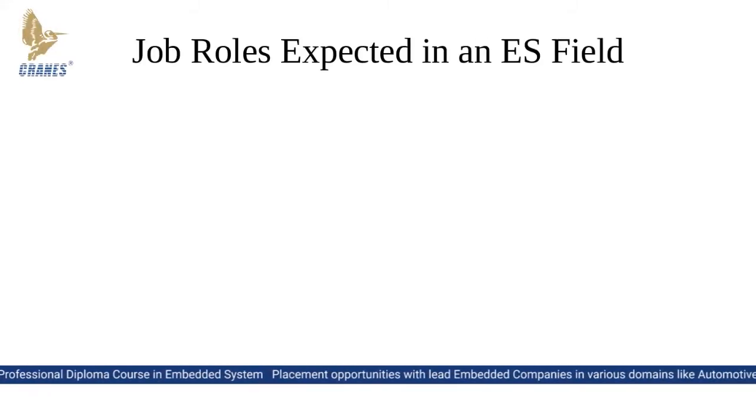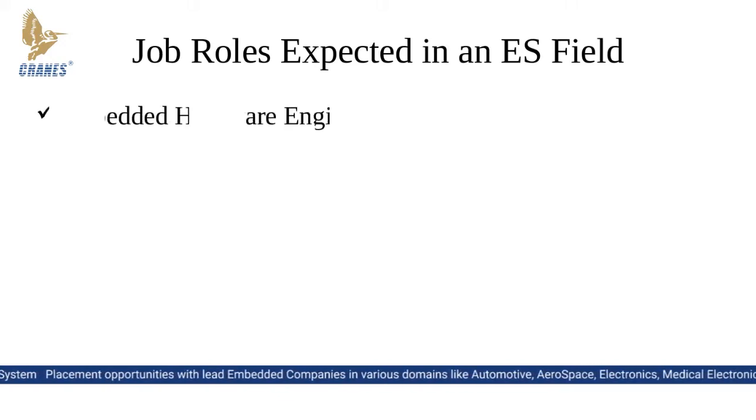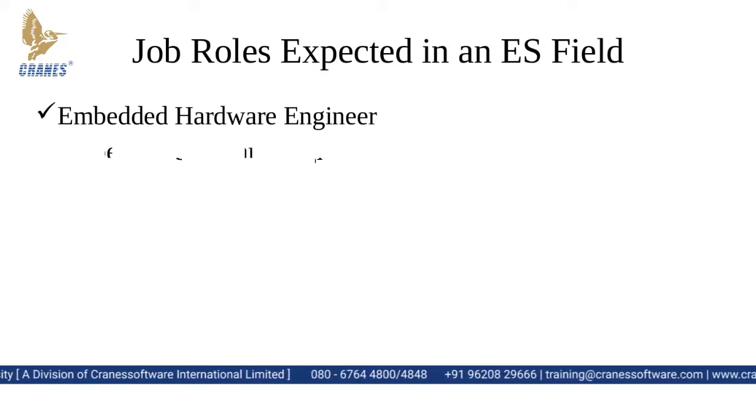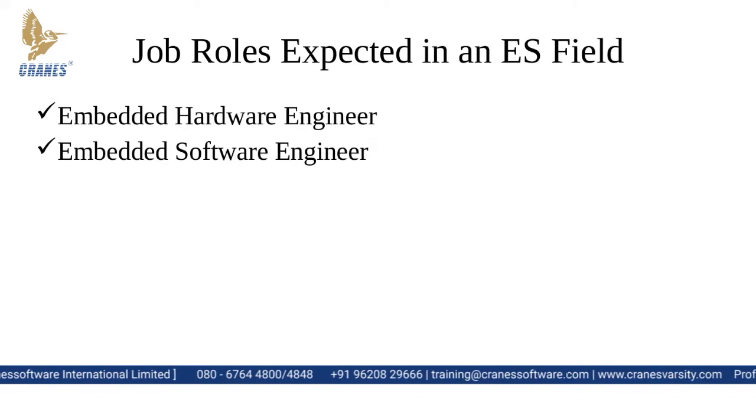What are the job roles expected in the embedded system field? Embedded hardware engineer takes the responsibility for the design and overall quality of the hardware and provides leadership and guidance for junior engineers, realizing complex system requirements to provide robust and reliable hardware solutions. Embedded software engineer.